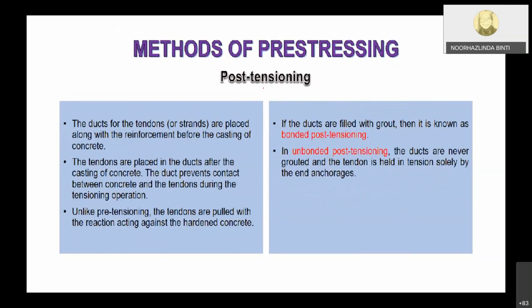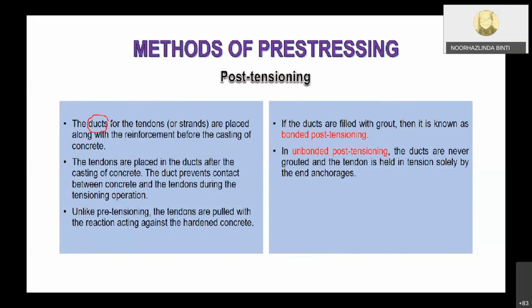What is different from pre-tension just now? Okay, I read this first. The ducts for the tendons or strands are placed along with the reinforcement before the casting of concrete. In pre-tension, we don't have this duct, but in post-tension, we need a duct to put the tendon later on.